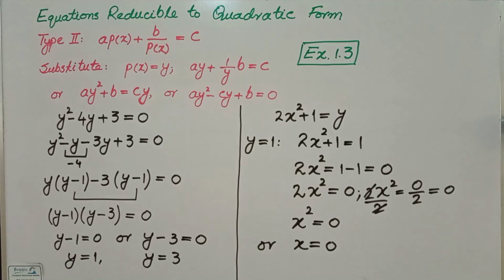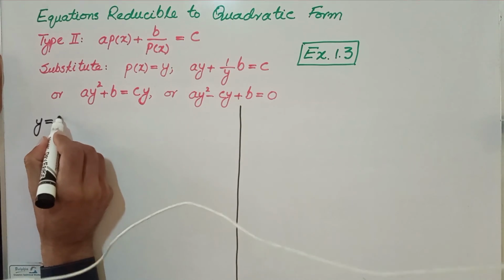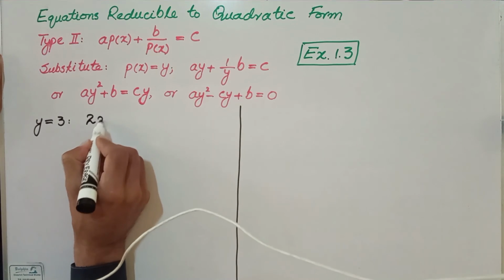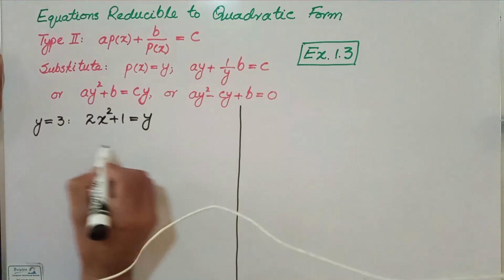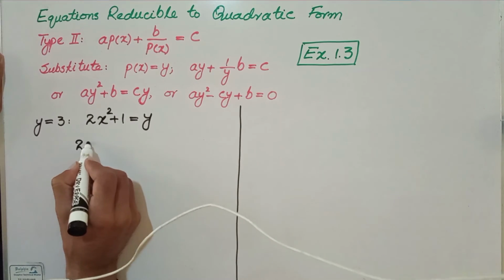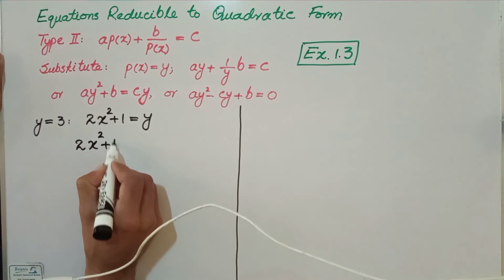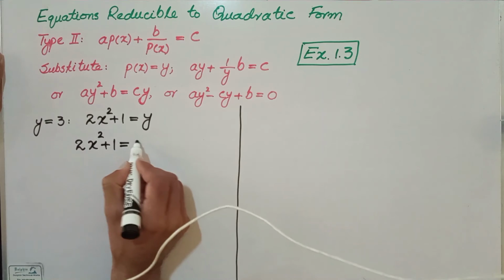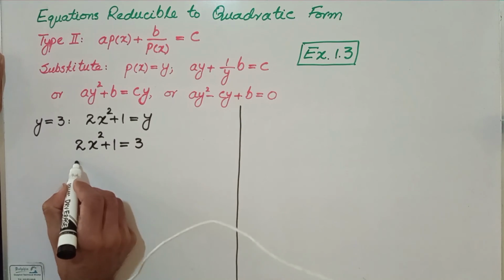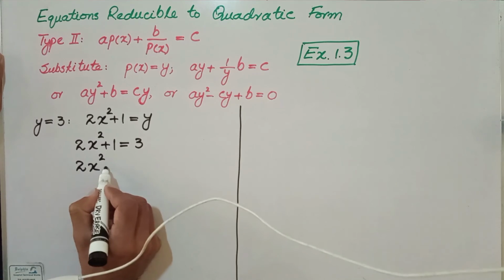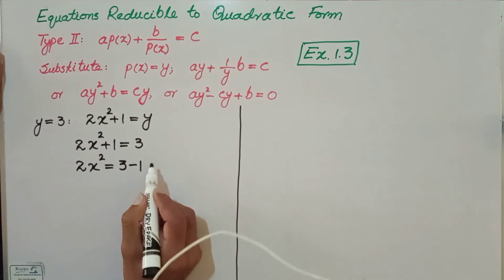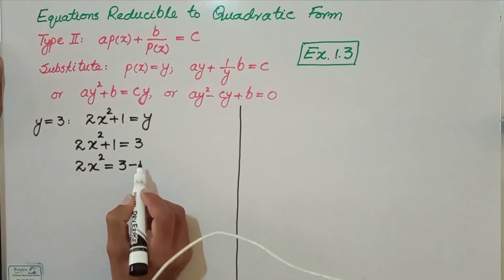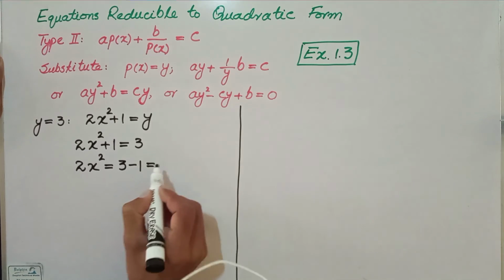Now we'll use the other value of y, which is 3, in the given substitution. When y is equal to 3, 2x square plus 1 is equal to y becomes 2x square plus 1 equals 3. Then we have 2x square is equal to 3 minus 1. 1 is shifted to the right hand side. This is positive, so it becomes negative. We have 3 minus 1 is equal to 2.